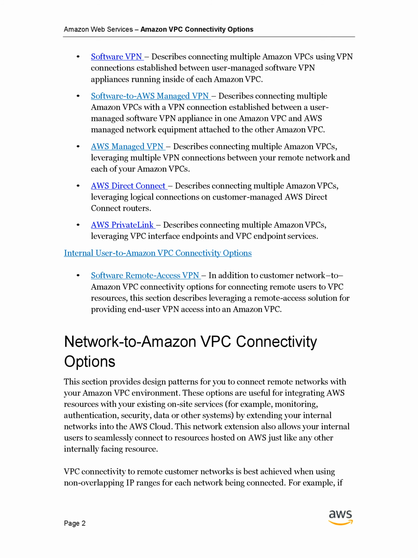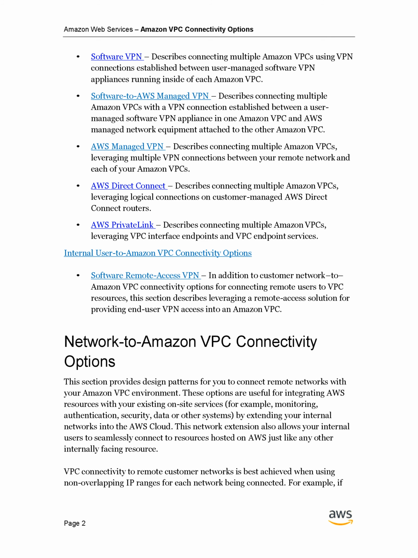AWS Direct Connect describes connecting multiple Amazon VPCs, leveraging logical connections on customer-managed AWS Direct Connect routers. AWS PrivateLink describes connecting multiple Amazon VPCs, leveraging VPC interface endpoints and VPC endpoint services.